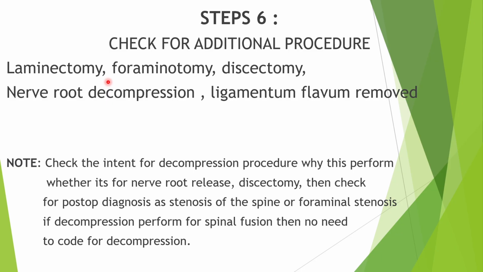Foraminotomy is enlarging the neural foramen. Discectomy is removing the damaged or herniated part of the intervertebral disc. Nerve root decompression frees the compressed spinal nerves. And ligamentum flavum removal is the removal of the thickened ligamentum flavum to create space in the spinal canal to relieve spinal instability.